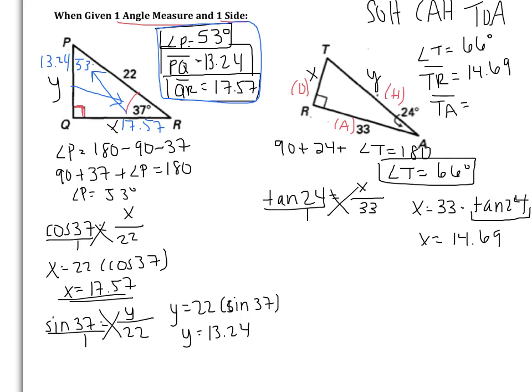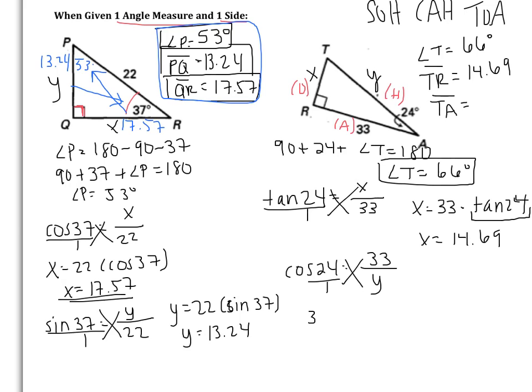And then I have to find y, which means I'm going to ignore x. If I ignore x, I have 33 and y, which is adjacent and hypotenuse, so I'm going to use cosine. In this case, cosine of 24 equals adjacent, which is 33, over the hypotenuse, which is y. Put this over 1, and I'm going to do my cross products. This one's a little different.